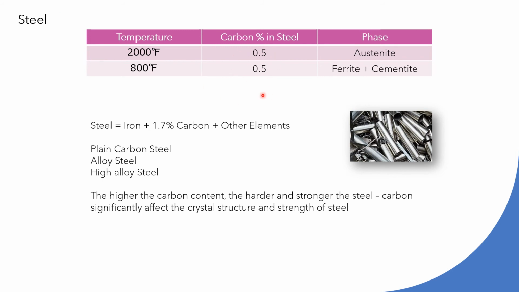So you might say, what's the difference? You have the same amount of carbon. Yes, but this is cooling it down from this temperature to here with the same amount of carbon, and you can see the phase changes. Austenite is going to go back to your ferrite and then to your cementite. For steel, the higher the carbon content, the harder and stronger it gets.